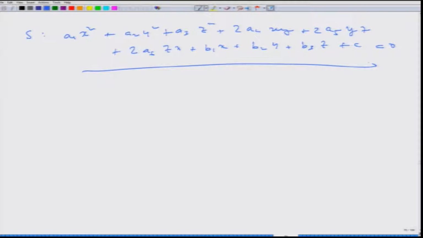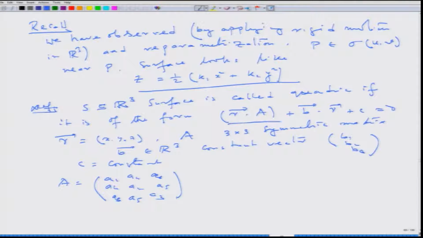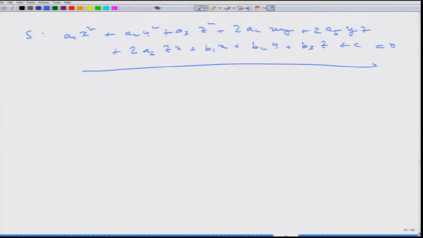This is a quadratic equation. So, if you do this with this matrix, you get this one.